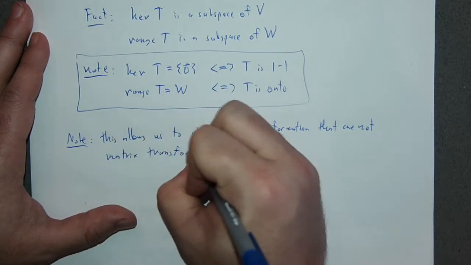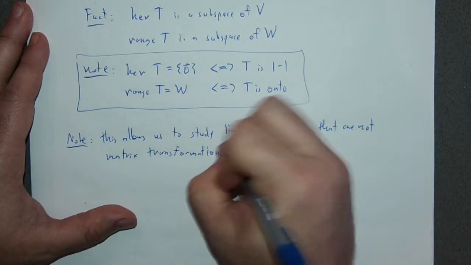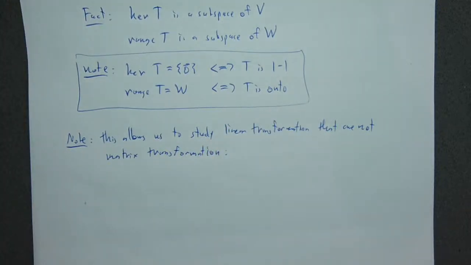Now, we're not going to be doing that really in this course, but that is one benefit of this generality. I mentioned this previously: the linear transformations between Rn and Rm are always matrix transformations.